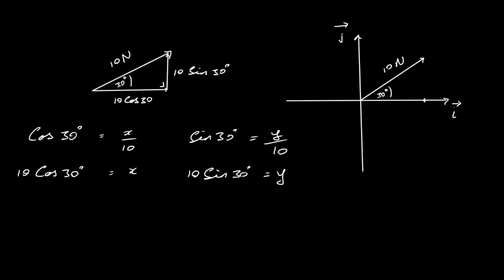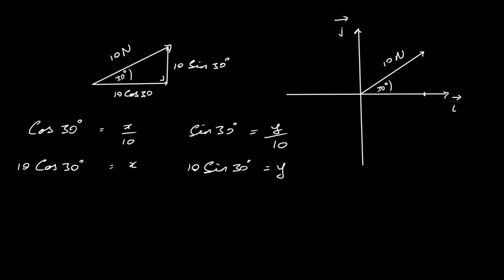Now just bring that on a little bit further. 10 cos 30 is just going to be 10 times the cosine of 30, which is root 3 over 2, so x is 10 root 3 over 2, which is just going to be 5 root 3.